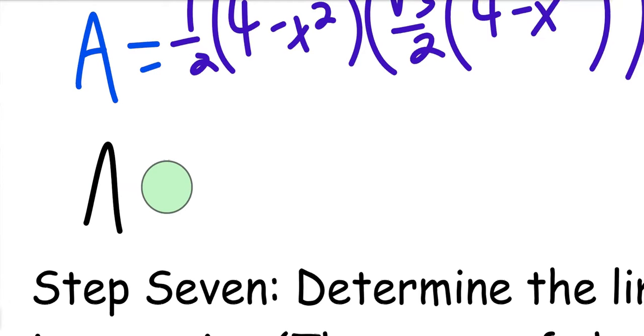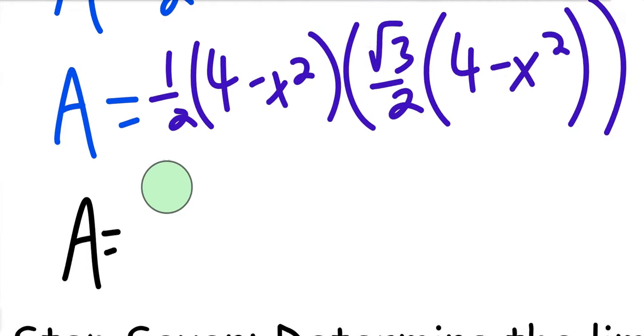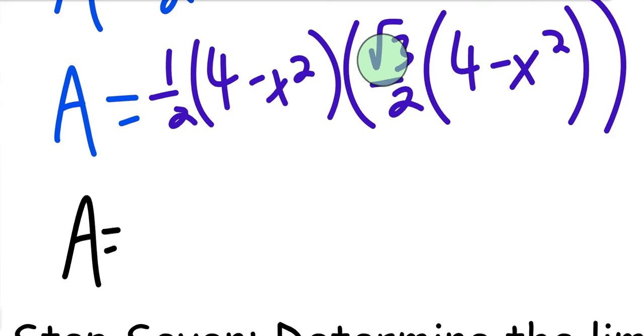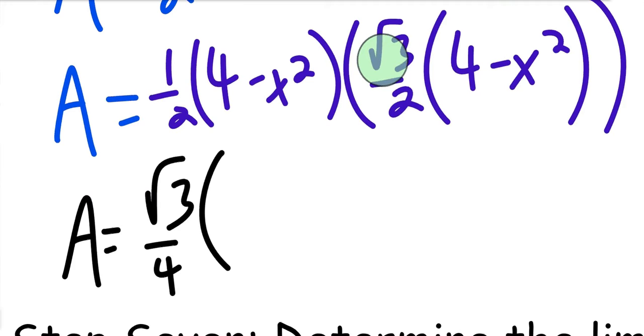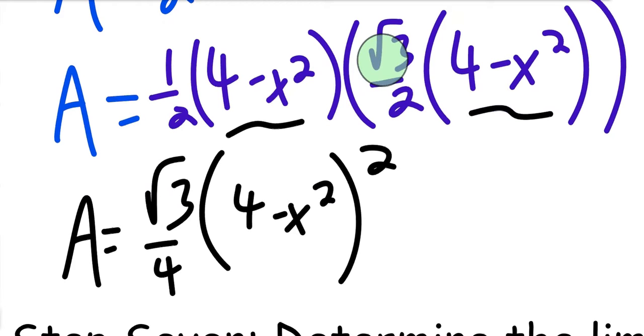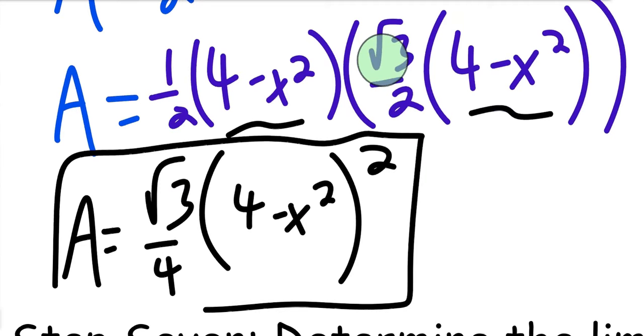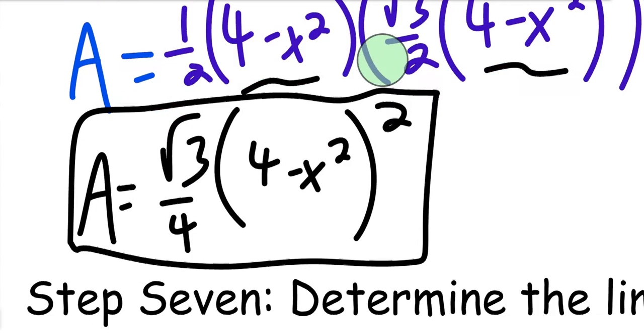So multiplying the 1/2 and the square root of 3 over 2 gives you square root of 3 over 4. And then you have 4 minus x squared. Okay, so that will be the area of your cross sections that are made of equilateral triangles.